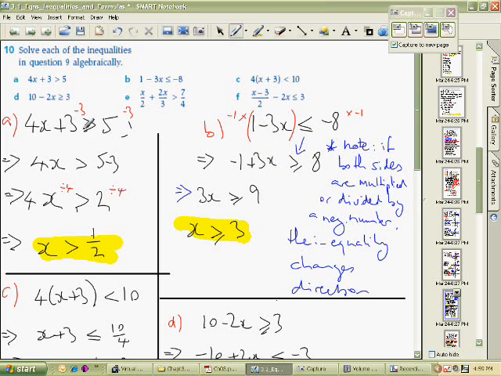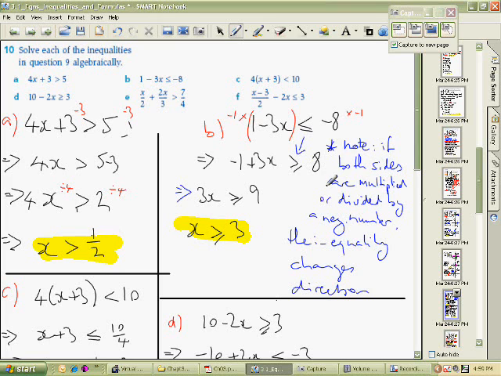We leave the inequality there, the greater than sign, we take 3 from both sides, we then end up with this, then we divide both sides by 4 to give us x is greater than a half, and that's what we got when we did the graph, wasn't it? Which begs the question, why on earth would you bother to do a graph, all that work, when you could just simply do this? But I guess you need to know the two ways of doing it.